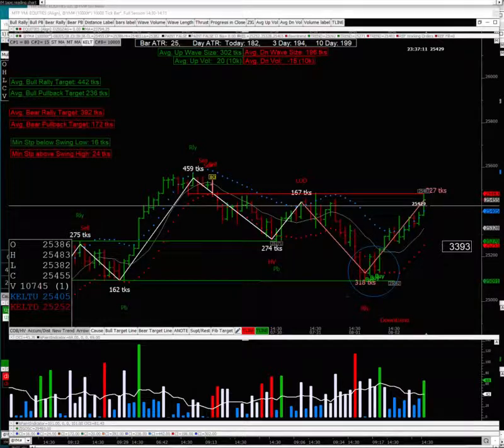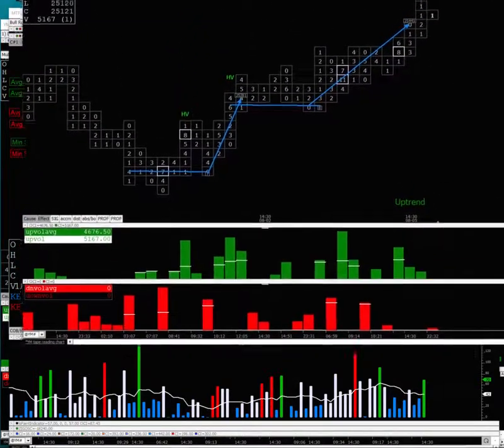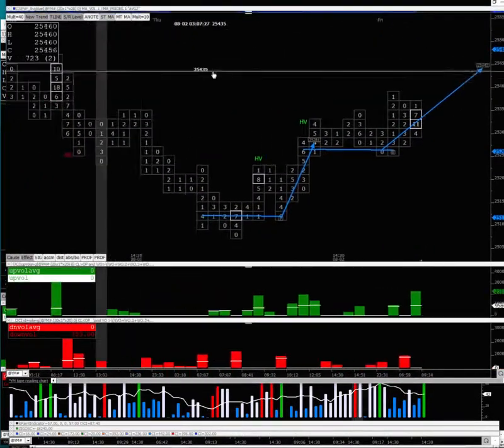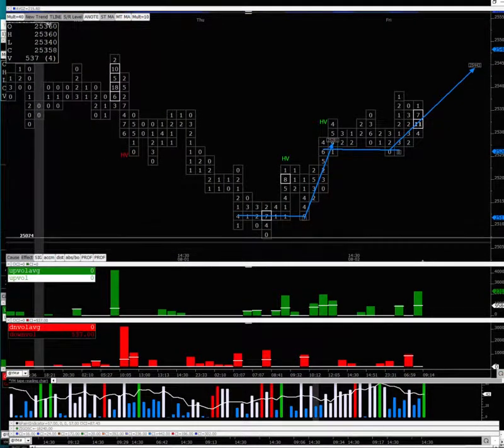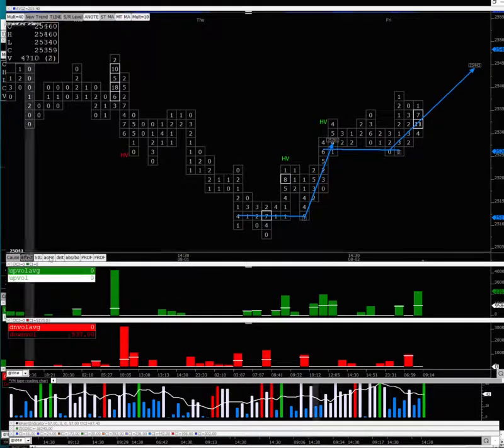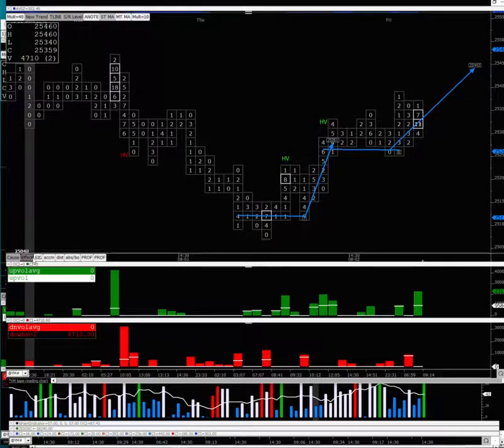It's blatantly obvious. Look at this. Price is going down, right?